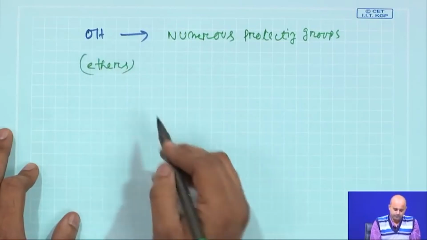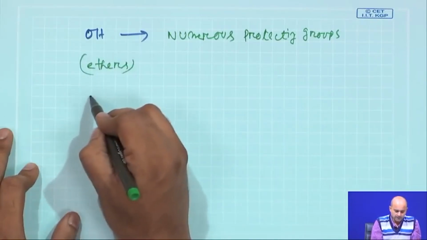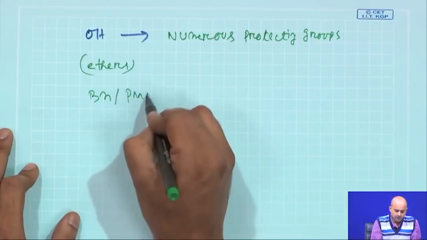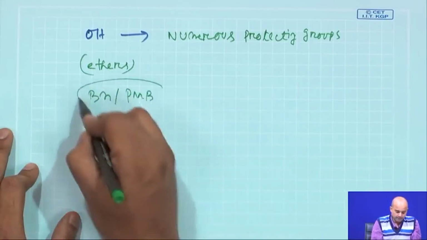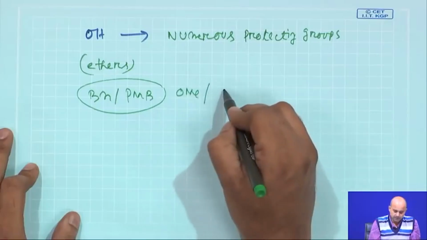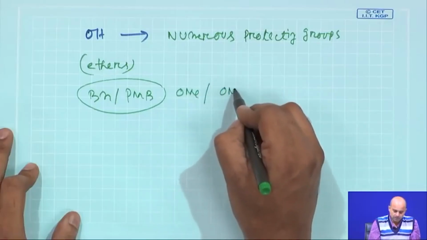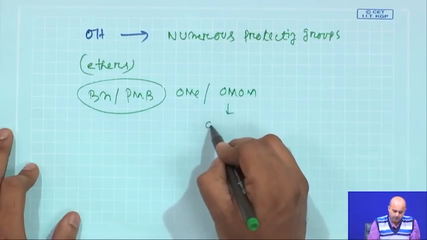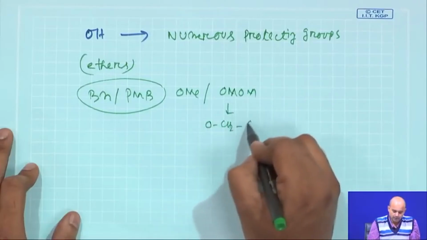You will find ethers like benzyl ether, PMB ether, the most widely known. Simple ethers like methoxy methyl ether, called MOM ether. MOM is nothing but methoxymethyl chloride, OCH2OMe.